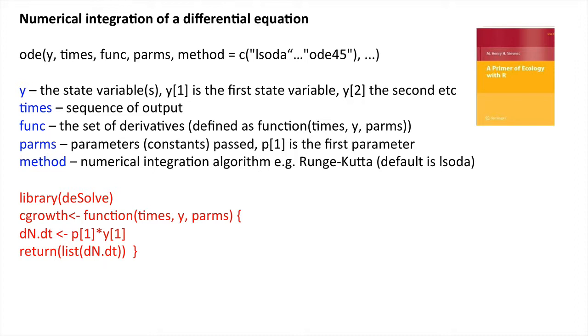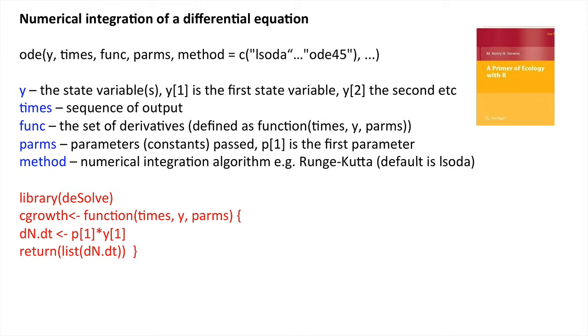Now you'll notice that we have dn.dt, but we could have equally called it my.solution or whatever. There's nothing special about that dn.dt. However, it does correspond to the rate of change of the state variable, which is y. And we're saying the rate of change of the state variable is equal to p[1], so that's the first parameter, times y[1], so that's the first and only state variable.